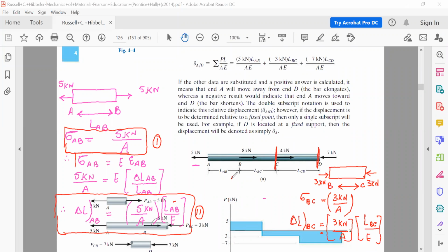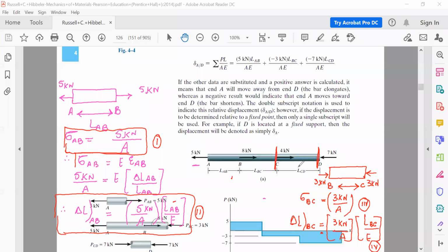By the way, I will call this equation 3, and I will call the other equation, equation 4.